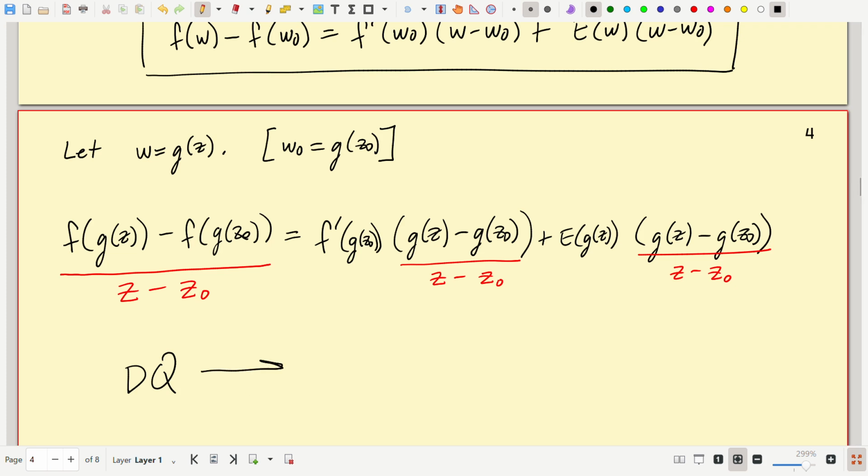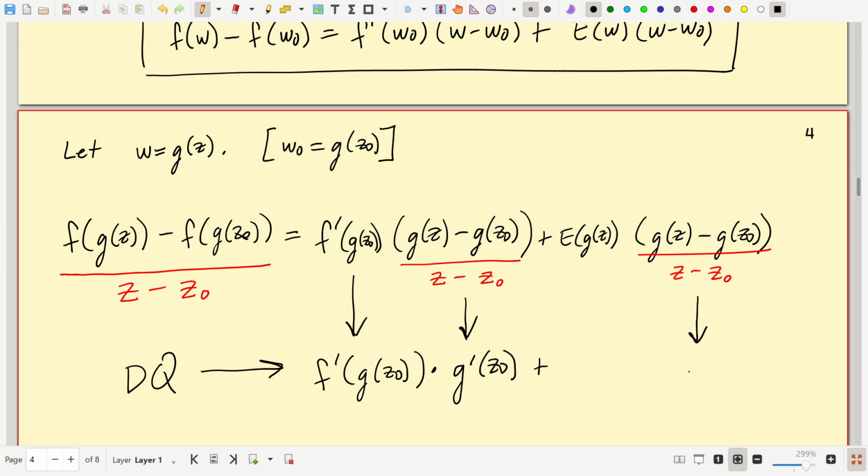That tends to, this is just a constant. So it just sits there. This one tends to, G is differentiable, so this one tends to G prime of Z naught. This one tends to G prime of Z naught. And the only one I have to think about is this one.